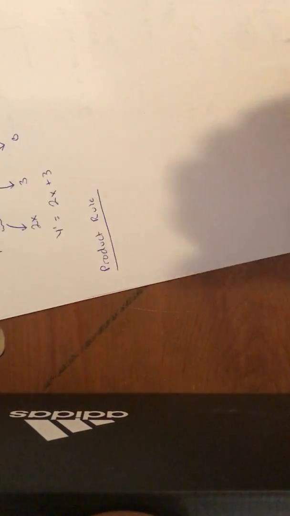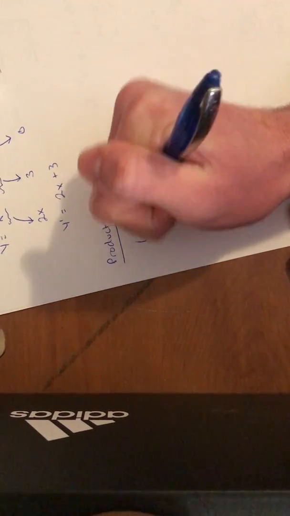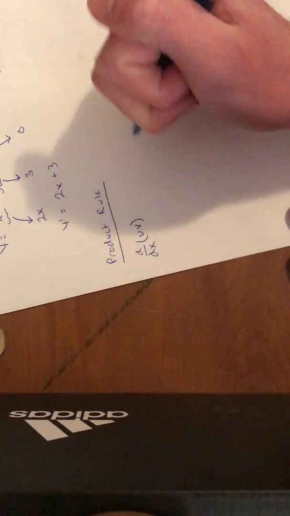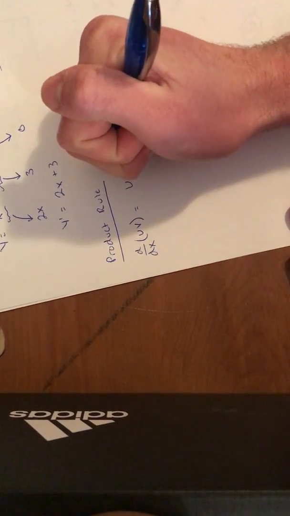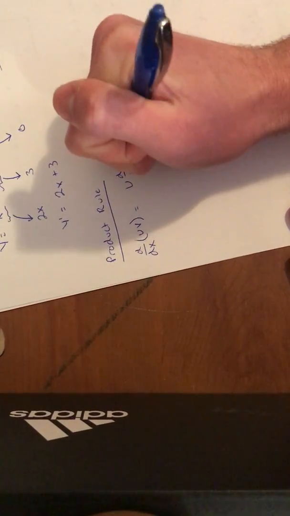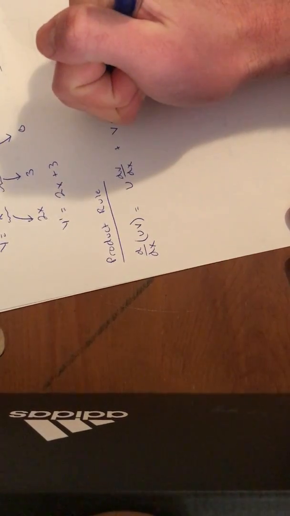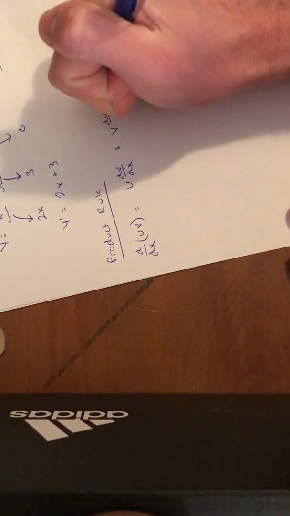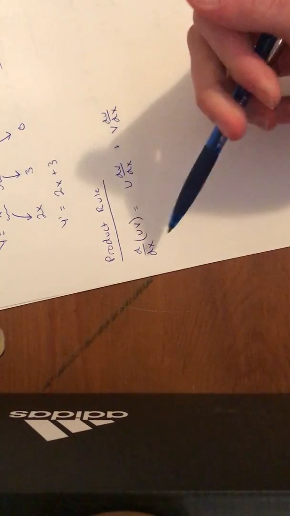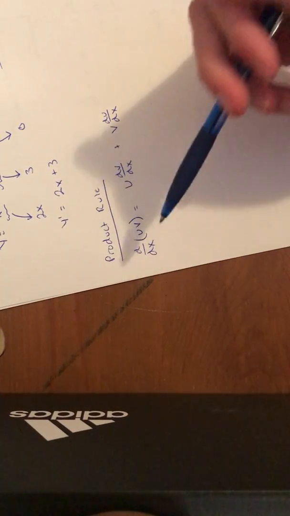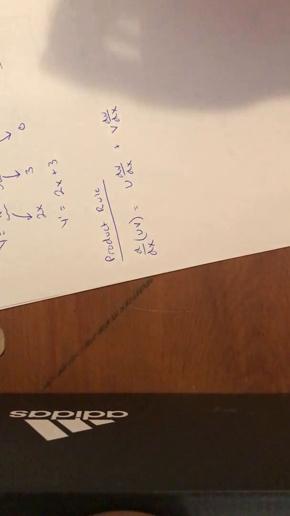The product rule says if I have a function u times v, and I want to differentiate that, the formula is going to be u times the derivative of v plus v times the derivative of u. So to remember this, you just take the first times the derivative of the second plus the second times the derivative of the first, and you just add the two together.